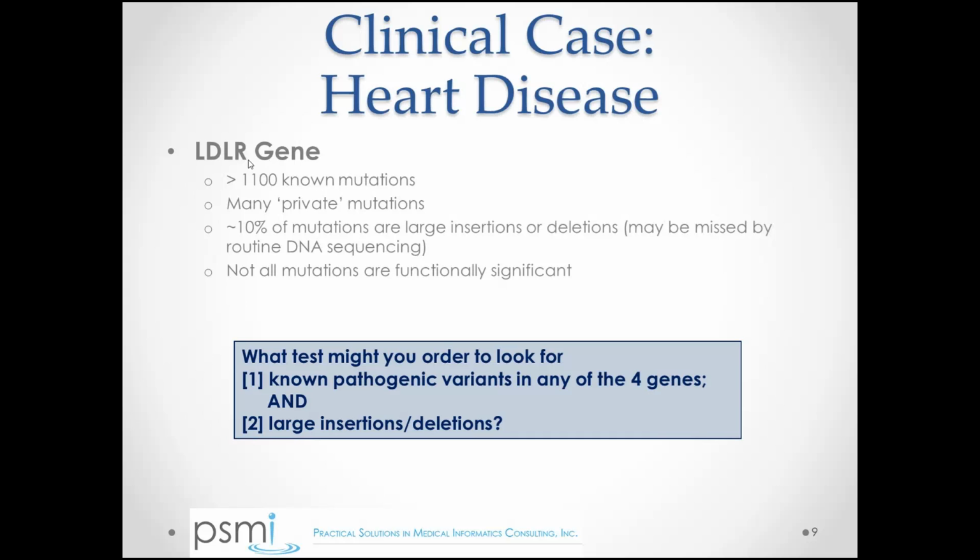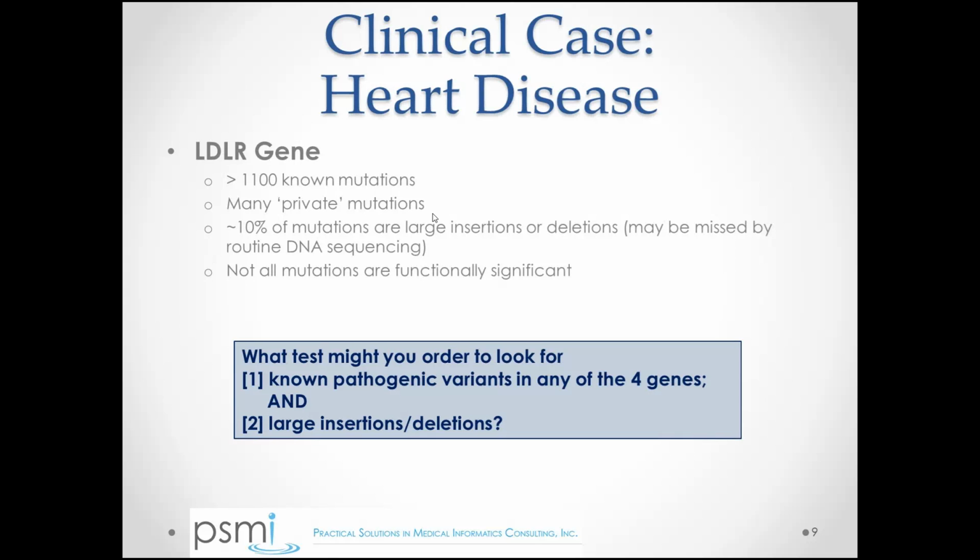A lot of these mutations are what are known as private mutations. A private mutation is where you see a mutation in a particular family that hasn't been seen elsewhere. If you look at cystic fibrosis, you may remember that there was one mutation in particular that was very, very common. That's in counter-distinction to a private mutation, which is very rare.